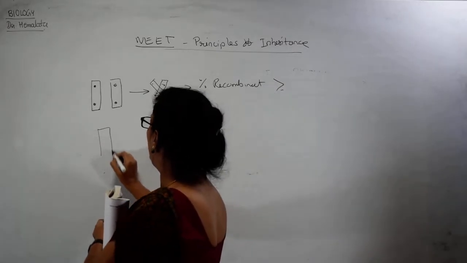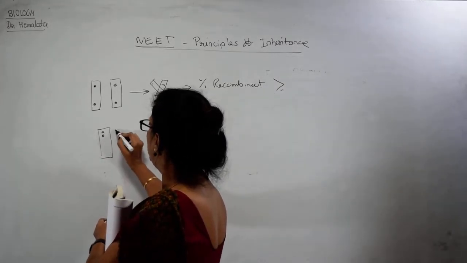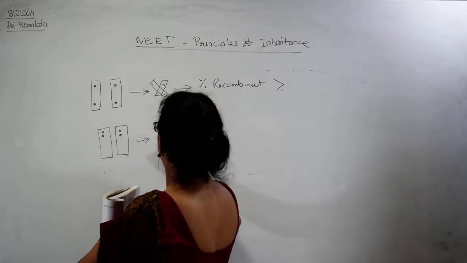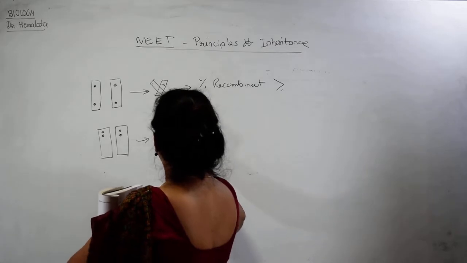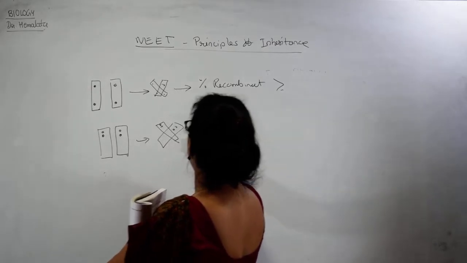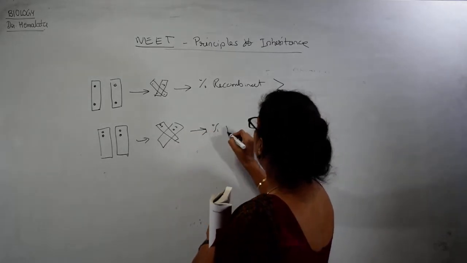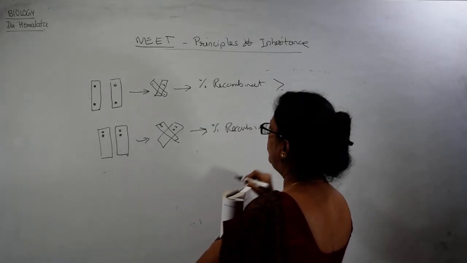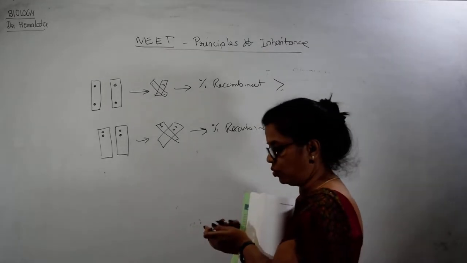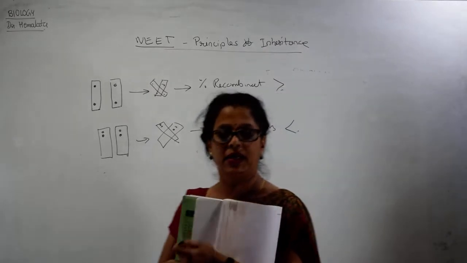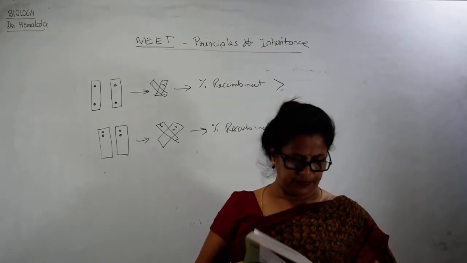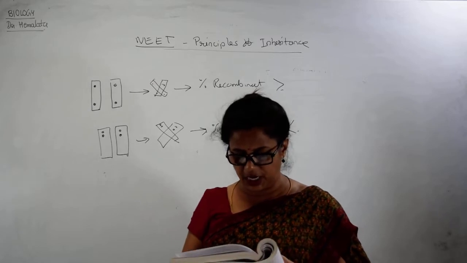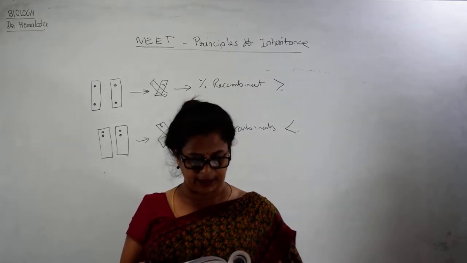But imagine there is one gene, and another gene here, and the same way on the homologous chromosome. If they cross over like this, there is a possibility that both genes go together. So percentage of recombination is low, right? Parental combinations are more. So that's how you will get the answer. Therefore, here they are directly related. The distance between genes and percentage of recombination are directly related.